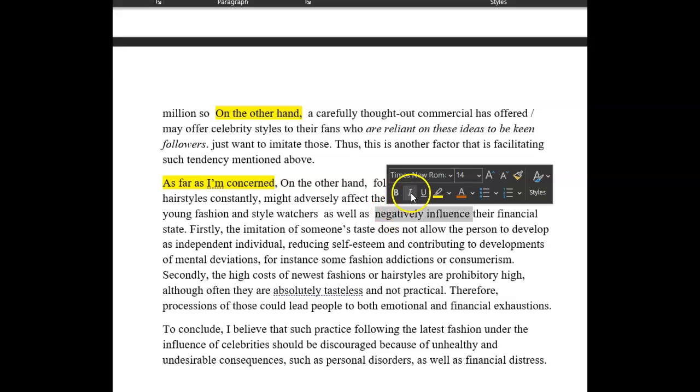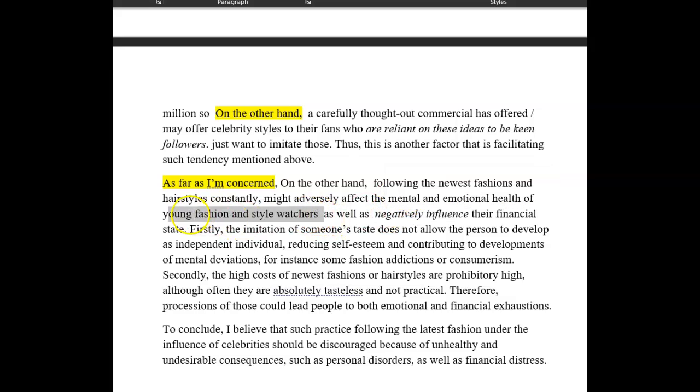Yep, good point there. Okay, so just expanding the vocab all the time.